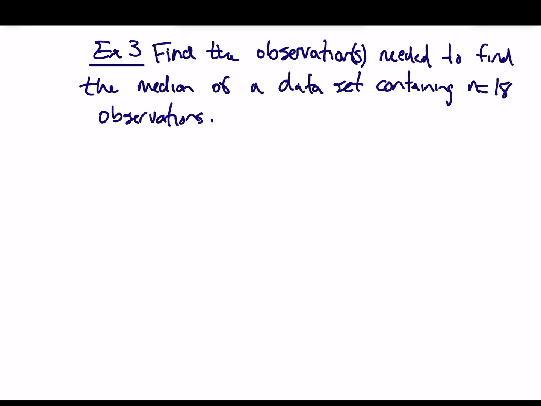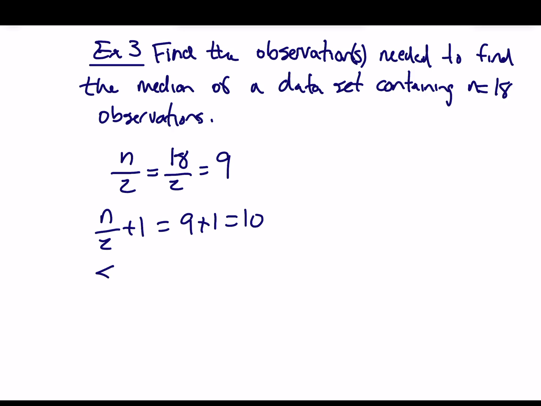Example 3. We want to find the observation or observations needed to find the median of a data set containing n equals 18 observations. Well, first of all, is 18 even or odd? Well, 18 is even, so we need to find the average of the n over 2th observation and the n over 2 plus 1th observation. Well, n over 2 is 18 over 2, which is 9. And so n over 2 plus 1 is equal to 9 plus 1, which is 10.